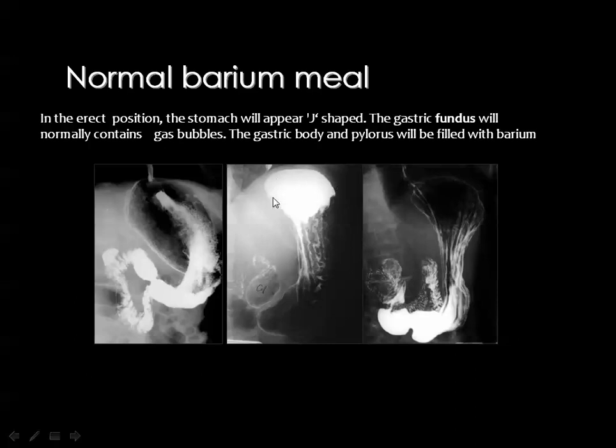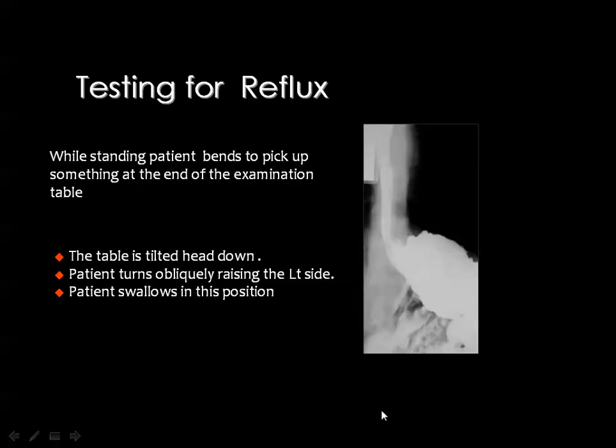This position is useful for detection of gastric filling defects and masses, and this view is suitable for detection of mucosal lesions like ulcerations and mucosal hypertrophy.